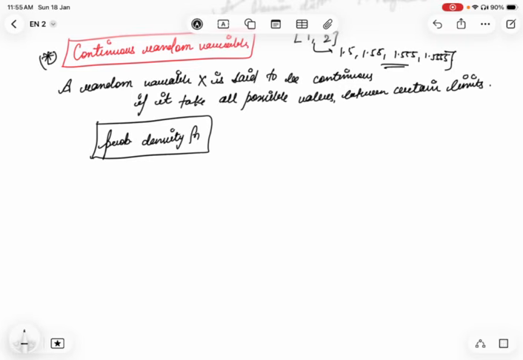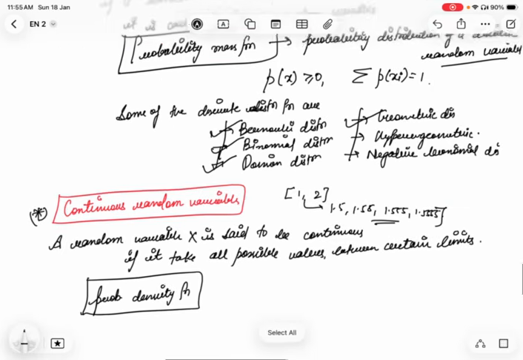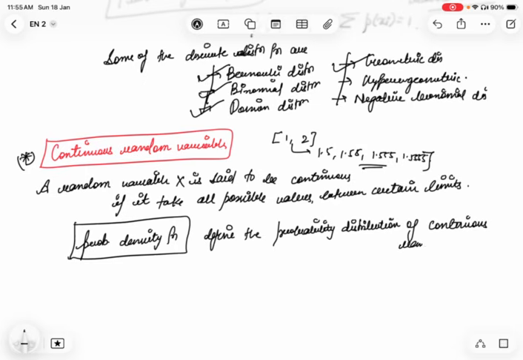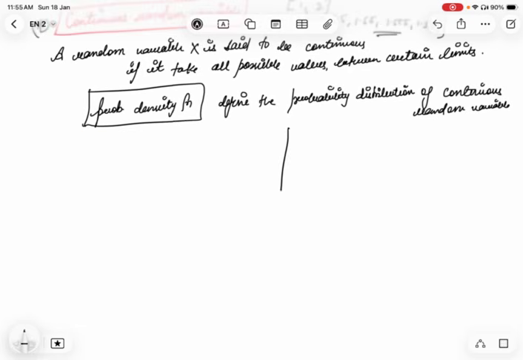The probability density function defines the probability distribution of continuous random variables.